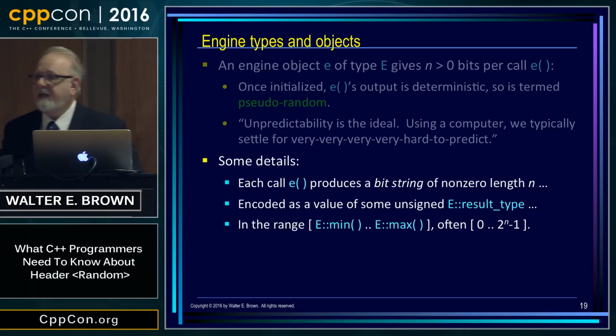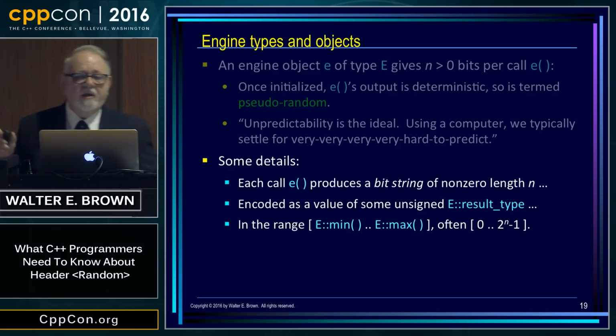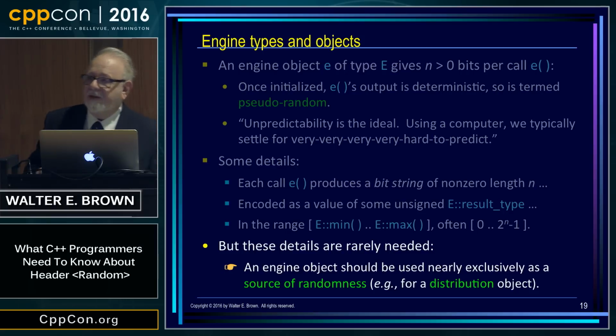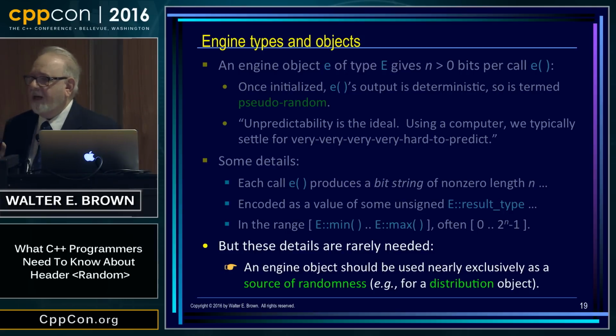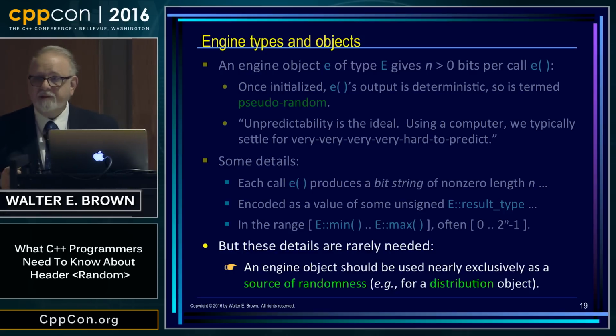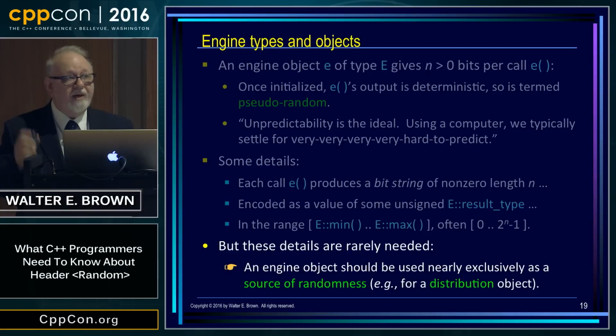Most importantly, for users, you probably don't need to know any of that. You really don't. The intent of an engine is that you get to pick which one you want. It's your choice of algorithm. You get to initialize it however you want. It's your choice.